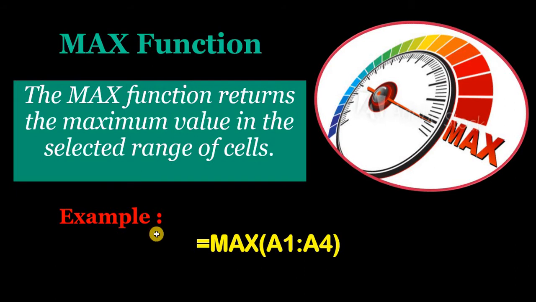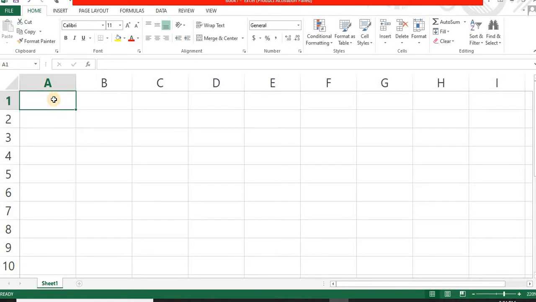So let's go there. Okay, so here we are in the Excel sheet. I am going to give you some data, values like 20, 30, 20, okay, I make it 60, 30, 40.